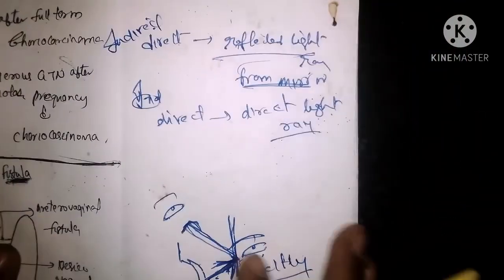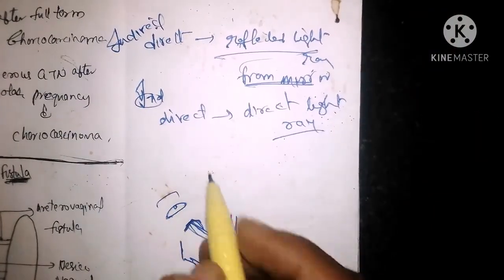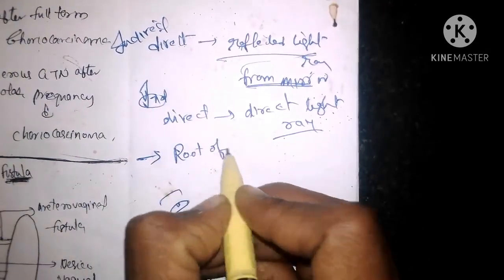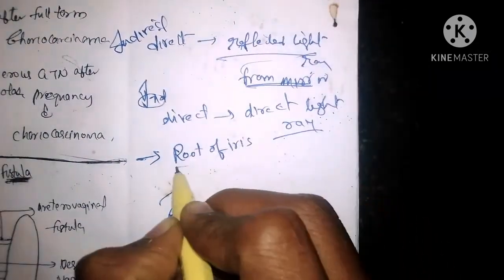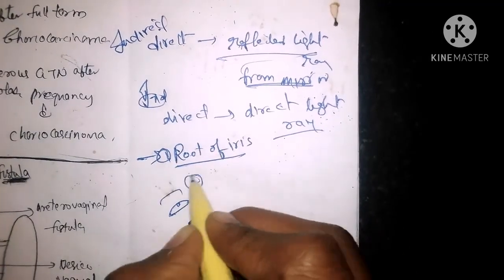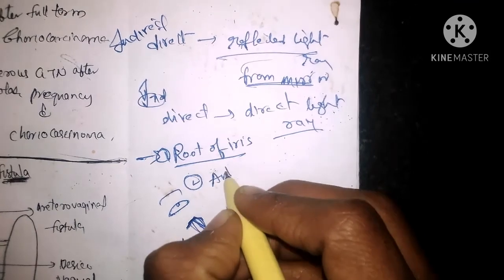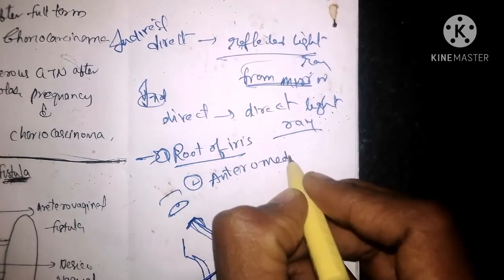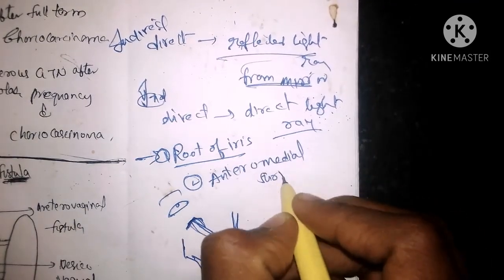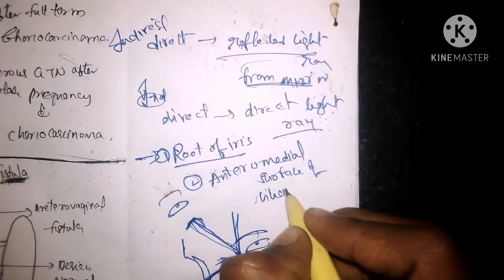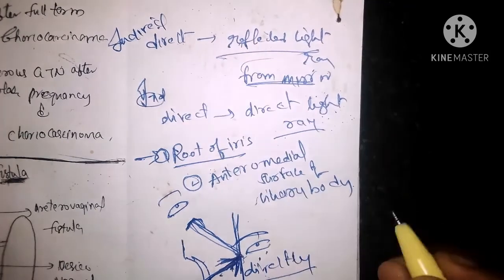The structures that we can see in gonioscopy are, the first structure, root of iris. Second is anterior medial surface of ciliary body.